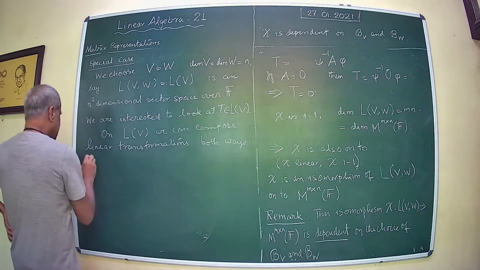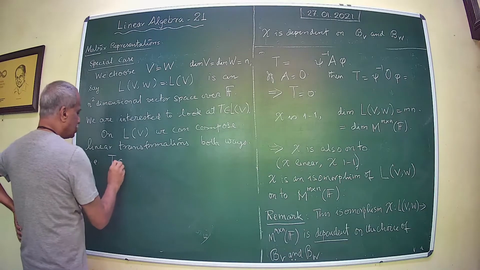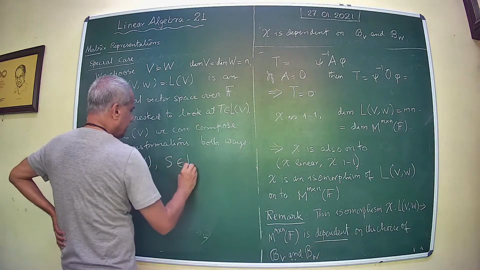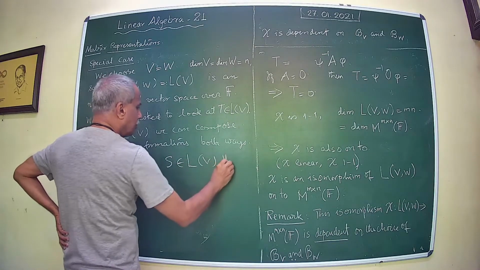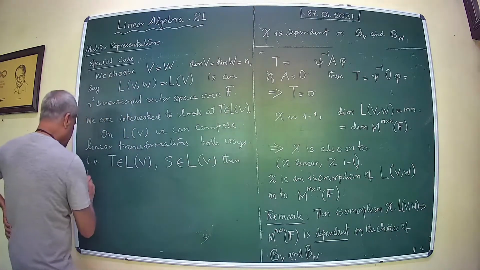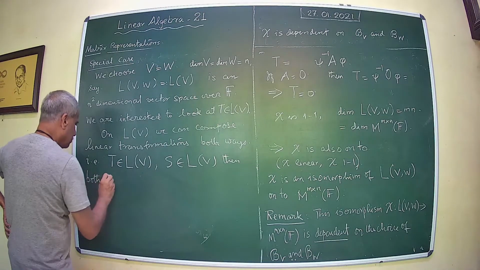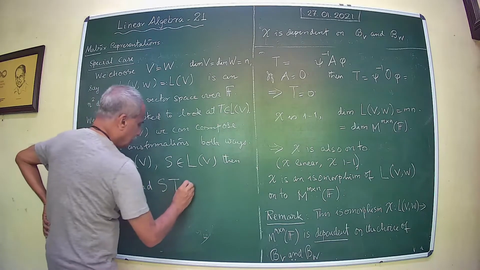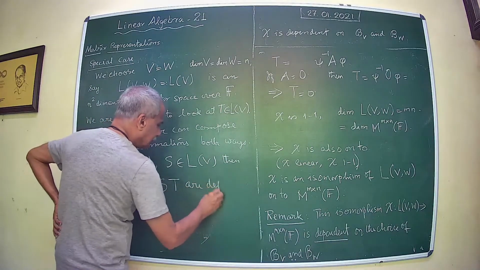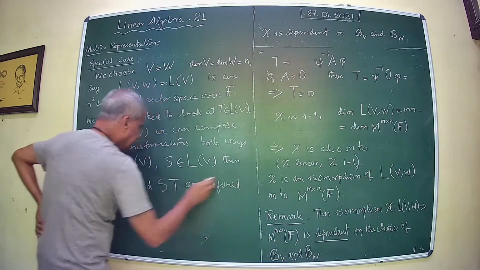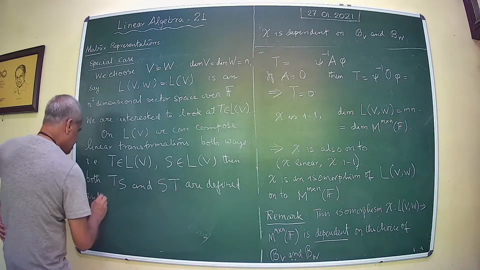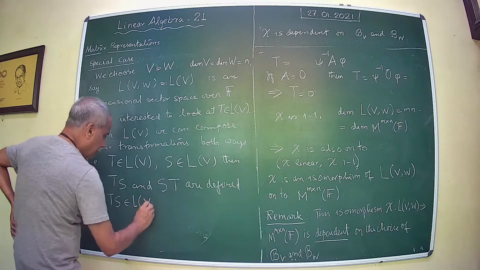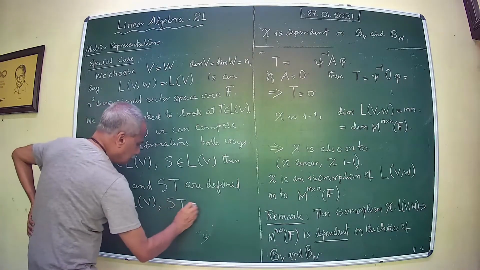That means if T belongs to LV, S belongs to LV, then both TS and ST are defined, and TS, ST also belong to LV.